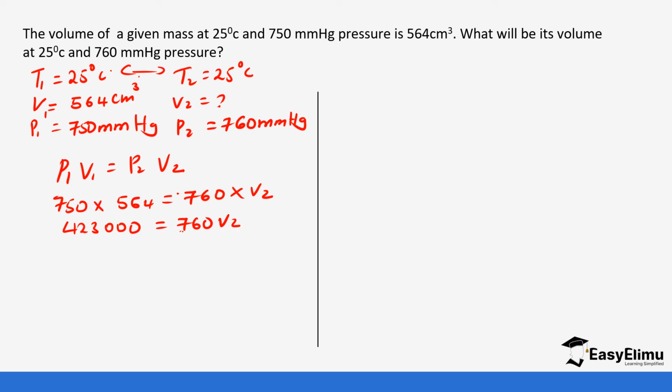So we divide both sides by 760, which will give us 556.579. And remember, this is volume, so you put centimeters cubed.